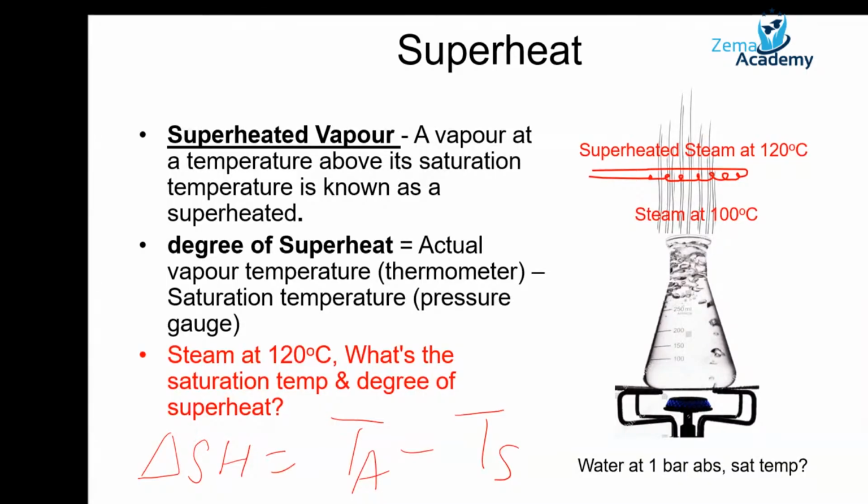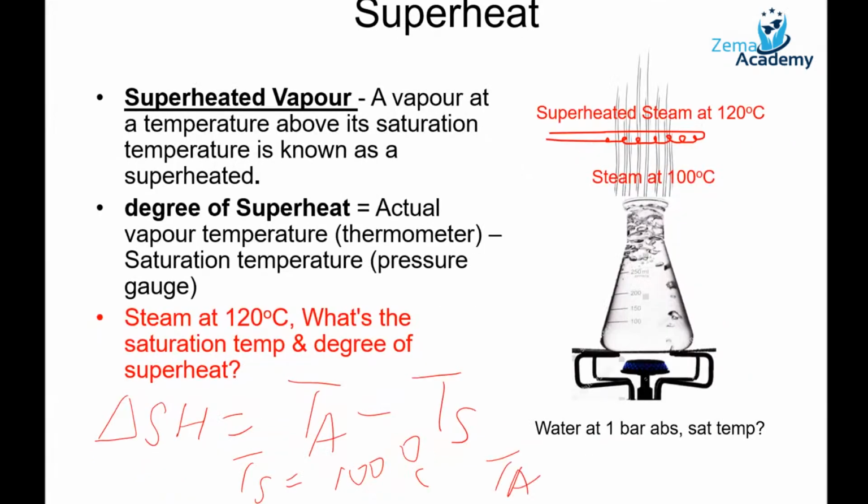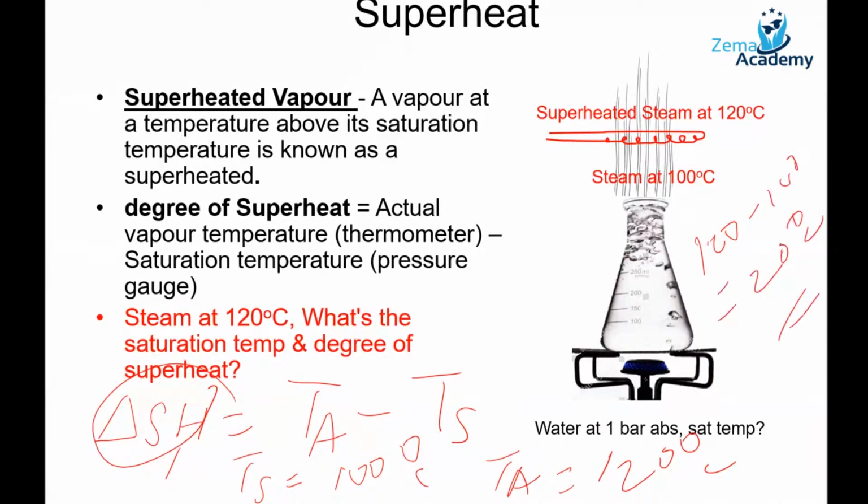Of course, the steam is at 100 degrees C and the superheated steam temperature is 120 degrees C. What is the saturation temperature and what is the degree of superheat? Tactual is 120 degrees C, and therefore degree of superheat is 120 minus 100, which is 20 degrees C. So superheat, again, we will use it when we define our PH chart, where our superheat region lies.